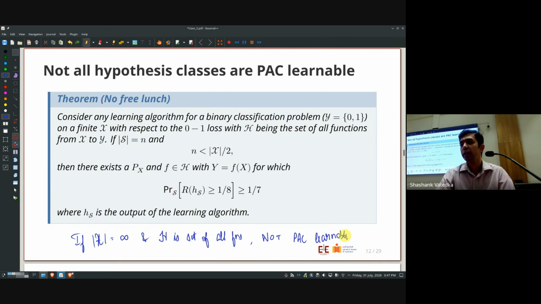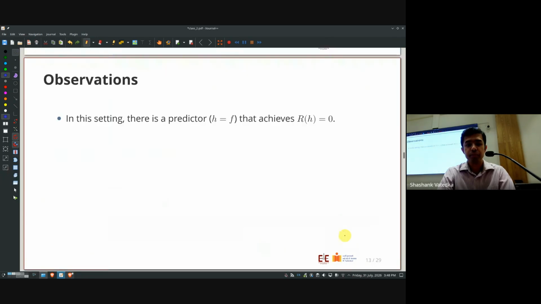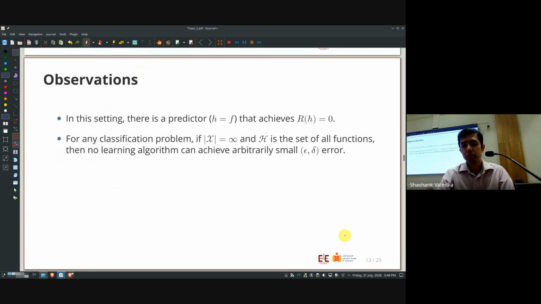There's no point in trying to look for a learning algorithm itself. So the first point is to choose a good hypothesis class which is PAC learnable. So when is a hypothesis class PAC learnable? That's what we'll try to address.